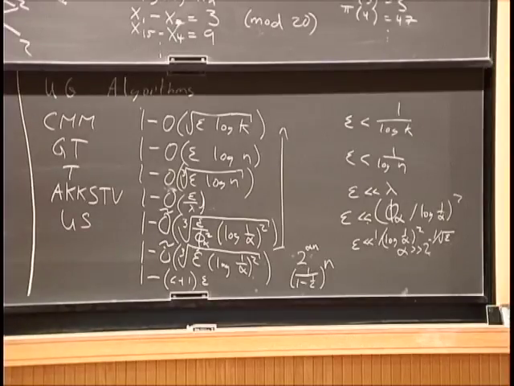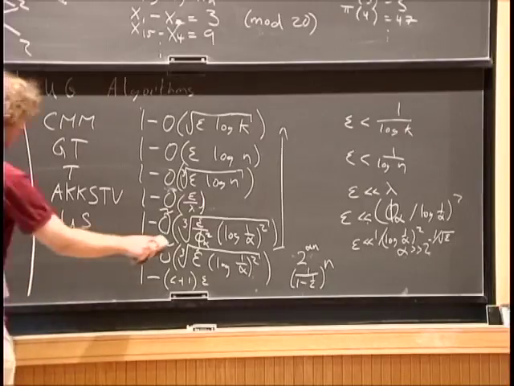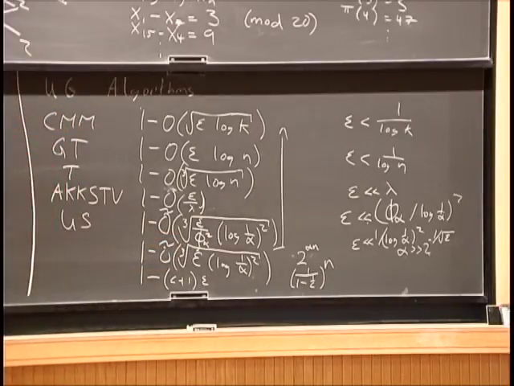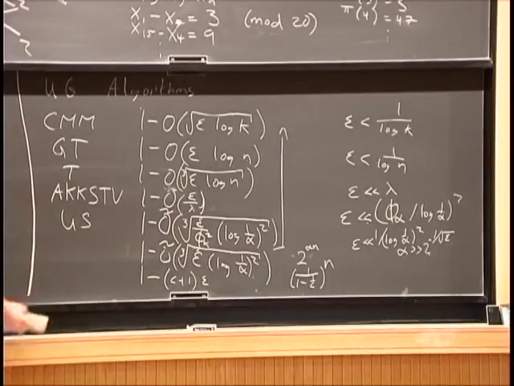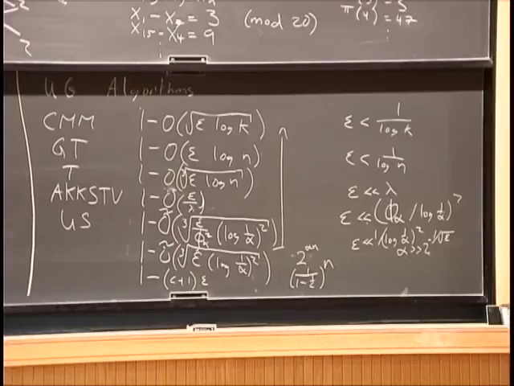So let me define now what phi alpha and alpha are. Here alpha is just a parameter that controls your running time. But it turns out it will play a similar role in this one. So let me explain what I mean.